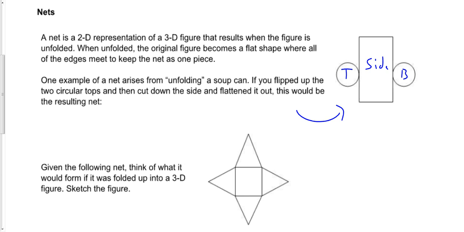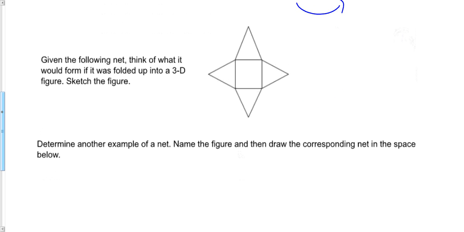So if you were to take a look at this net in the middle, given the following net to the right here, think of what it would form if it was folded up into a three-dimensional figure. Here we've got a square on the bottom, and then the square is surrounded by four different triangles.